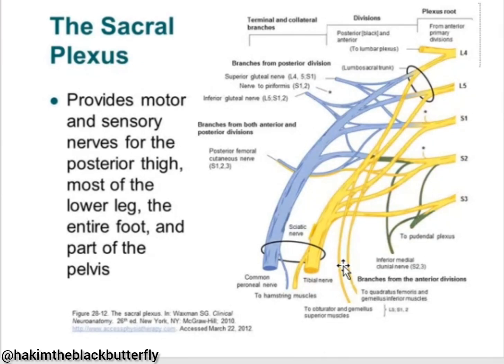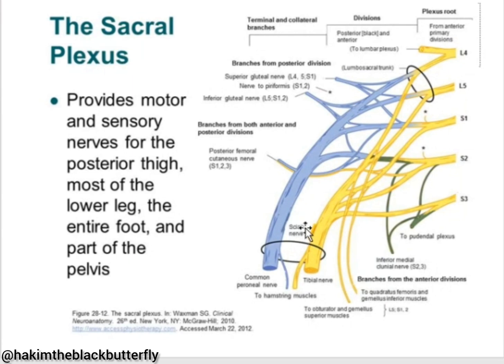For example, the sciatic nerve is the largest nerve, and it's made up of two components: the common peroneal nerve and the tibial nerve. When you bring them together, they form what we call the sciatic nerve.